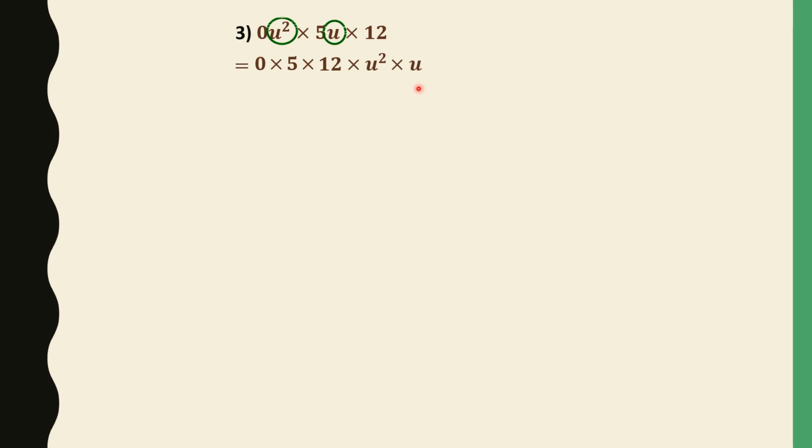Now to continue, we multiply the coefficients. Here we have 3. 0 times 5 is 0. 0 times 12, it's 0. We have 0. The times, we copy it. And u squared times u. u is in fact u exponent 1.